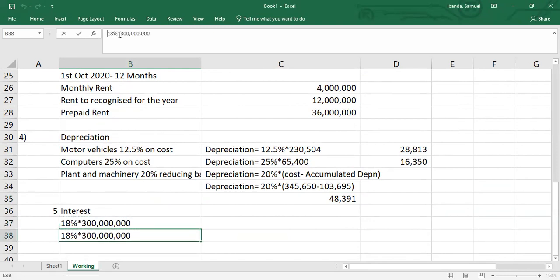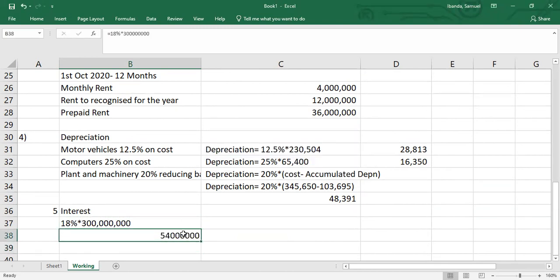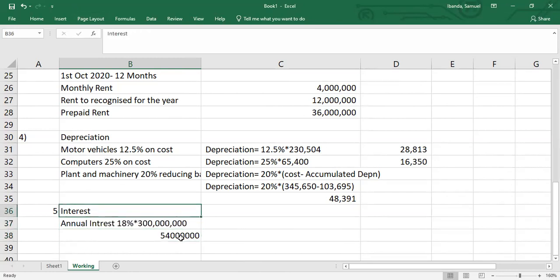When I do this, this gives me about 5.4. So this is annual, okay? This is annual interest.